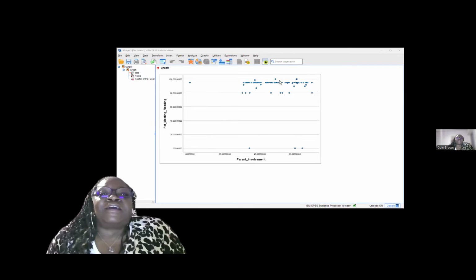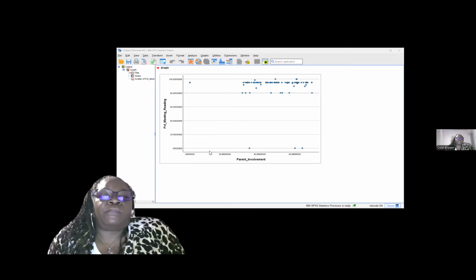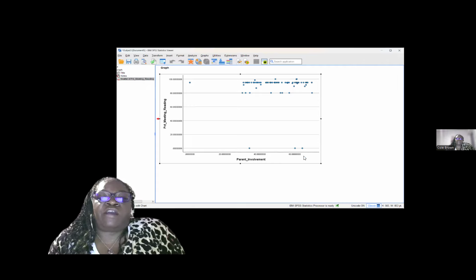All right, showing the ceiling effects. And then we have a few down at the bottom at 0. And we want to know essentially what does this 0 mean? Okay, because they're on 0 right here for the reading benchmark, but it actually looks like they're at about 37% of parental involvement hours, all the way down to about 65%.